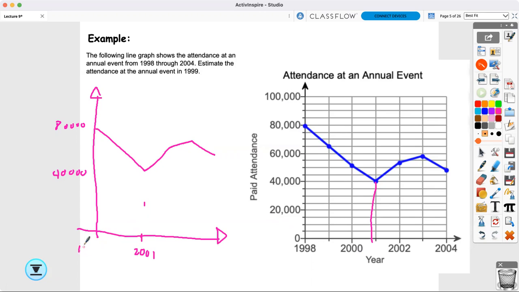And it starts off in 1998. So then we have 99, 2000. And then we stop at 2002. Up here is 2003. And the last one is 2004.